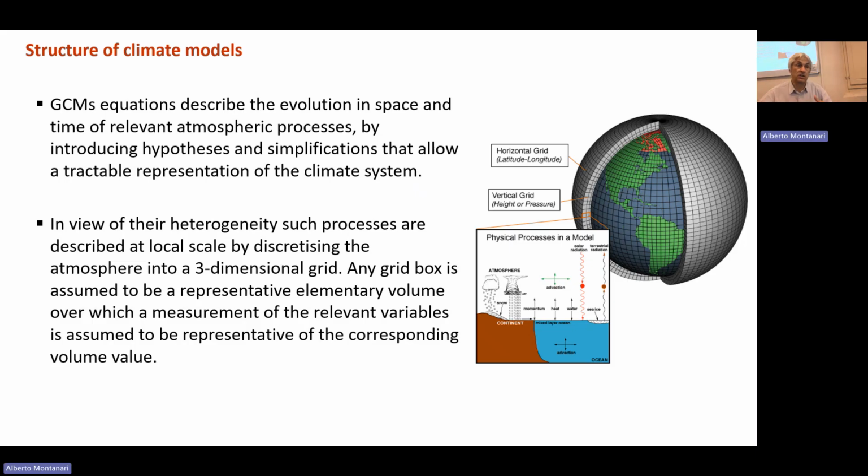These models run every day, and usually they make the simulations available every 6 hours, to be used for the regional models. Because, as I said earlier, if I want to go down to the resolution of 3 kilometers, this is not possible at the global level.